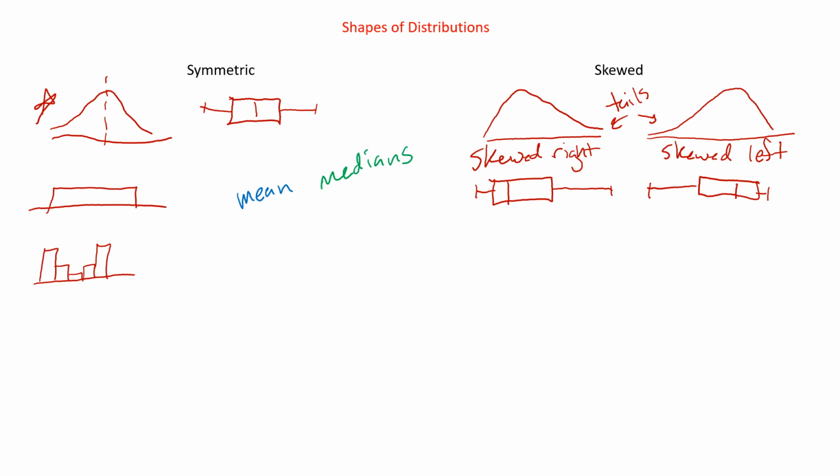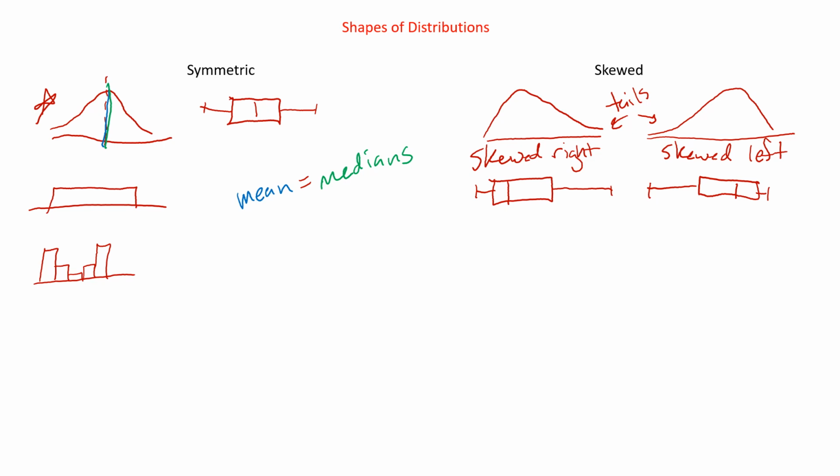Now, in a symmetric graph, they're going to be equal. And they're going to be equal at that peak. Now, is it fully, perfectly equal? No, because it's not perfectly symmetric. But if it was perfectly symmetric, yes, they would be equal.